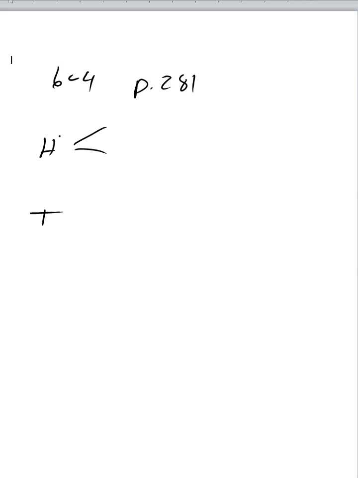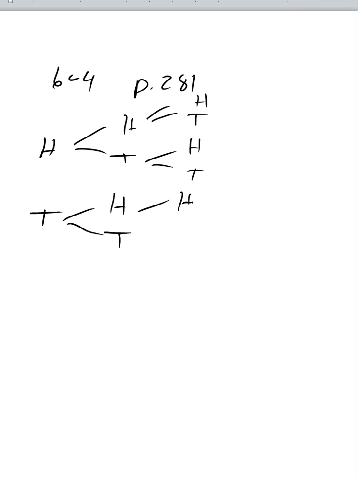When you throw it the second time, once again, you're either going to get heads or tails, and the same thing is true on the third time you throw the coin. You're either going to get heads or tails. Those are your two options.